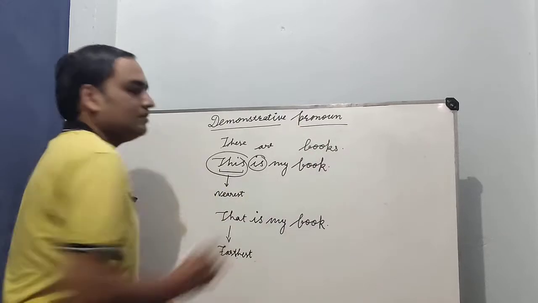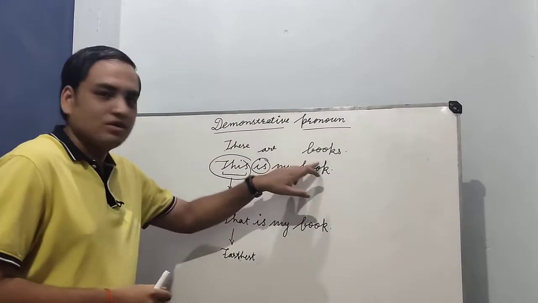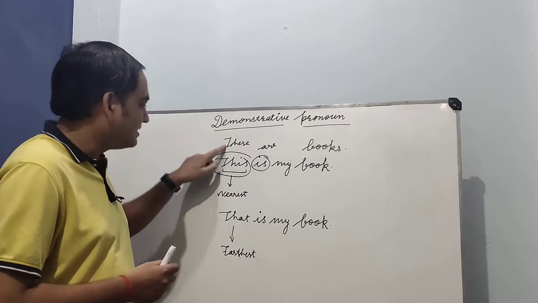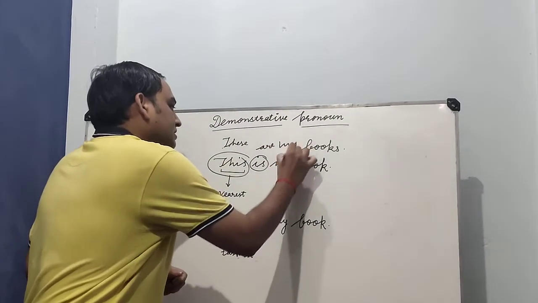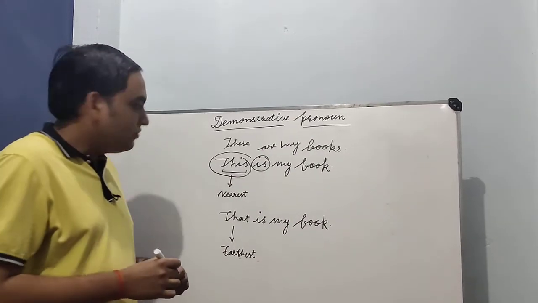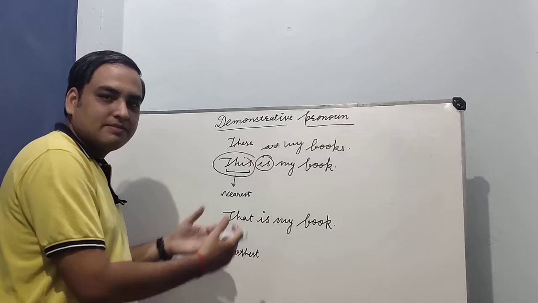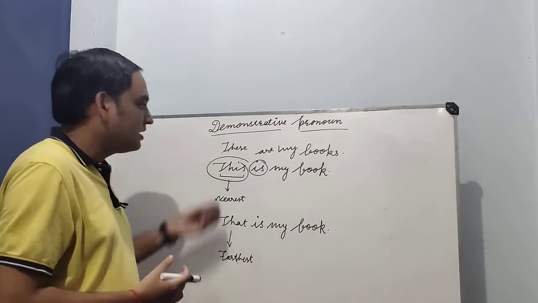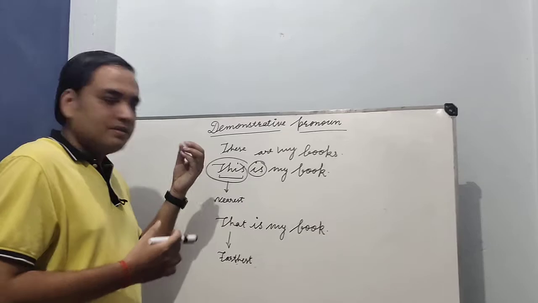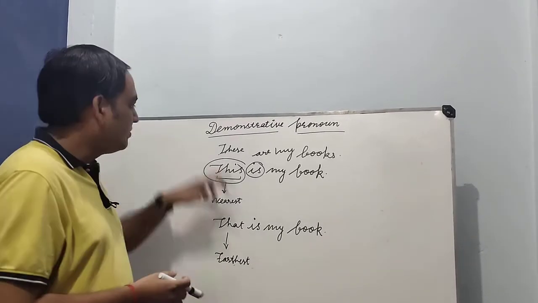We can compare here. We are talking about more books, so we will use these. These are my books. It means these are my books, the things that are near us and are in a large quantity, in a bulk manner, then we will use these.